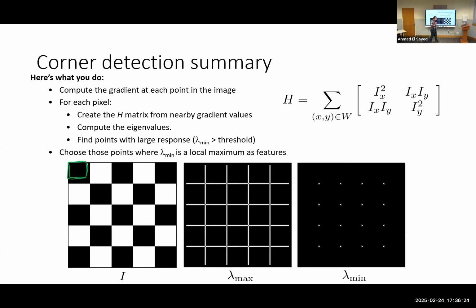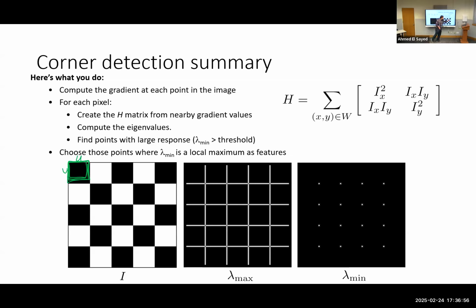So the steps are as follows. I will give you the image. First step, calculate the two gradients. Gradient in the x direction, gradient in the y direction. Then you have to determine the window size. This window size will determine your U and V, the size of your window, the shift that you did.